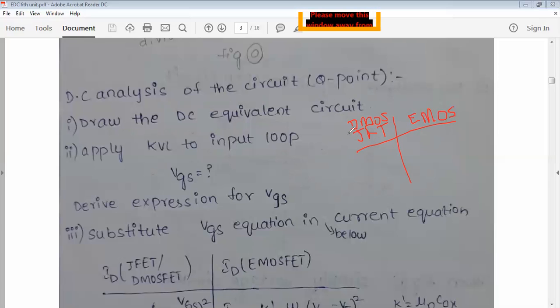Whenever you are solving problems on a depletion mode MOSFET or JFET, we have to derive the expression for ID in terms of VGS. ID is equal to... Suppose it is an enhancement mode MOSFET, VGS is equal to... or ID is equal to... There is no problem in enhancement mode MOSFET.